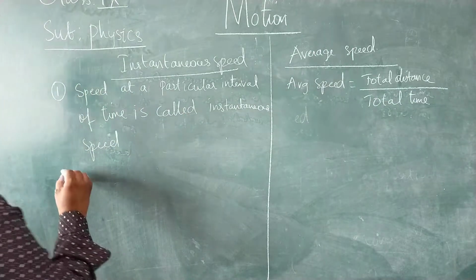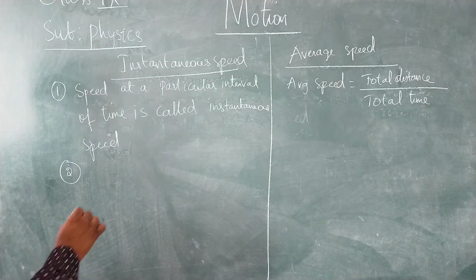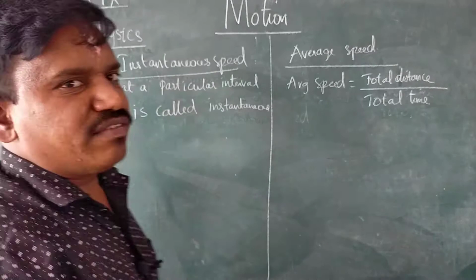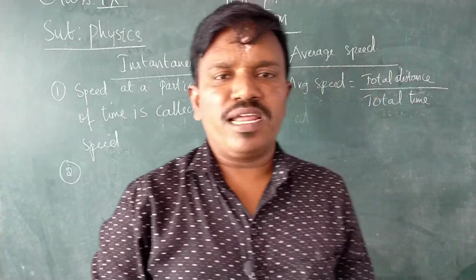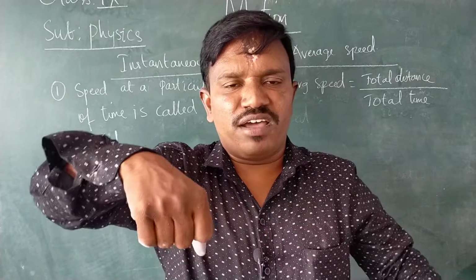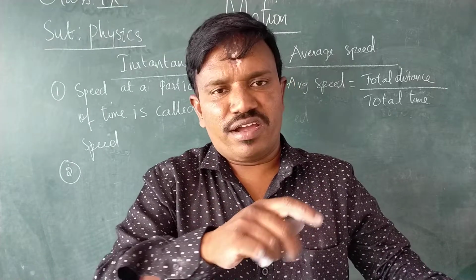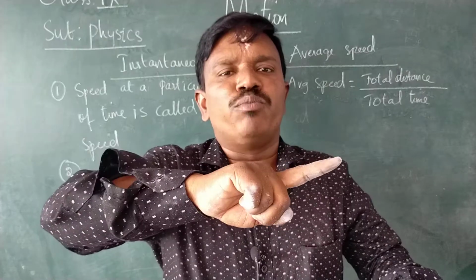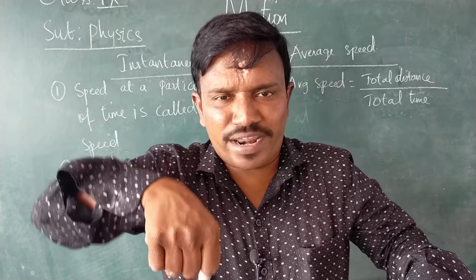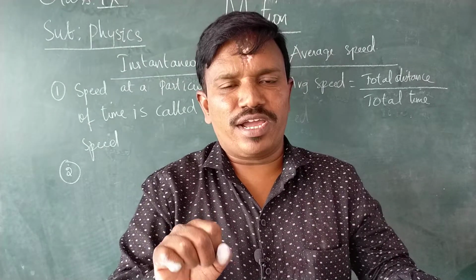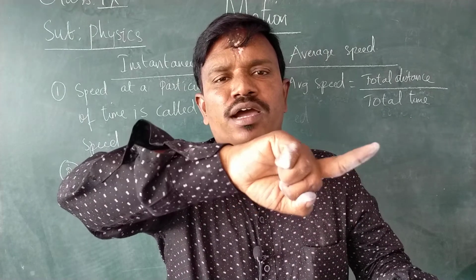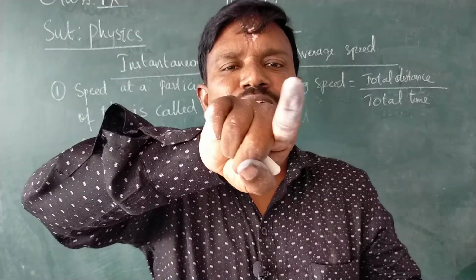Second point: instantaneous speed can be measured by using a device called a speedometer. Normally, for a bike, a speedometer is arranged. When you give more accelerator, we can see the needle moving, to whatever speed you are traveling.